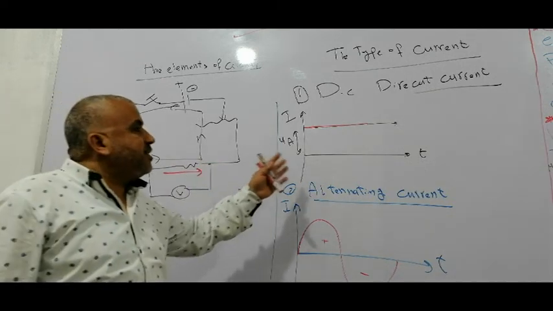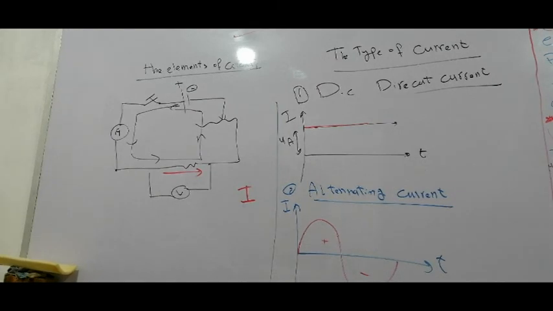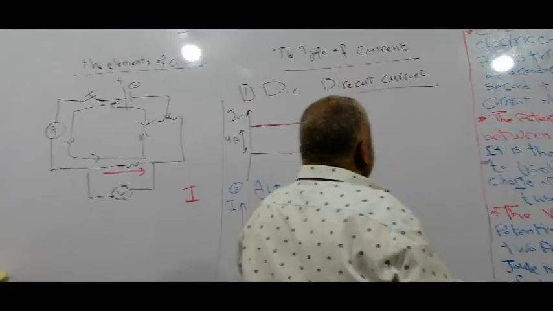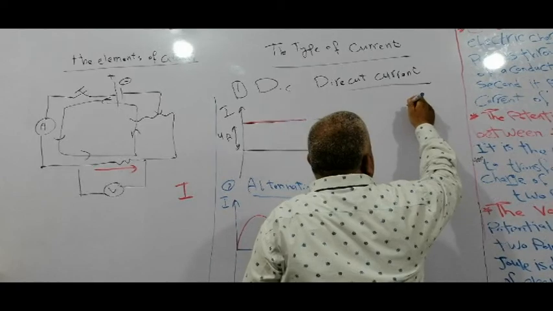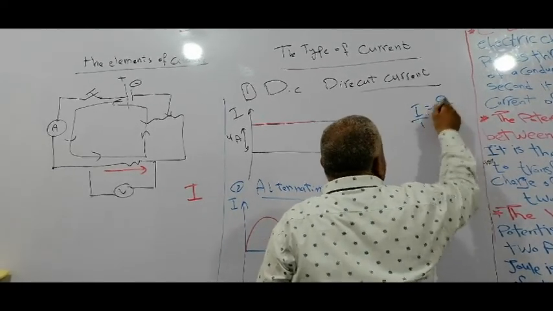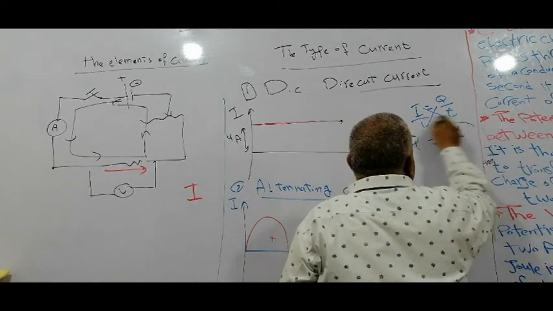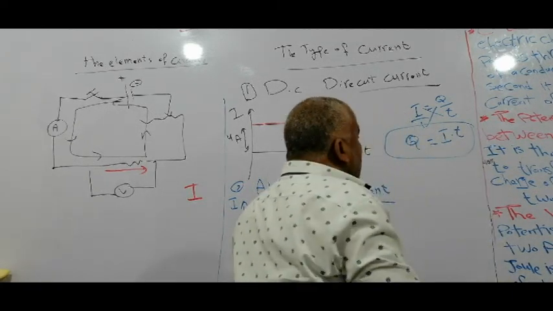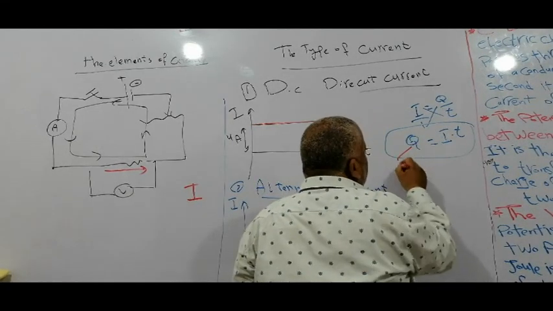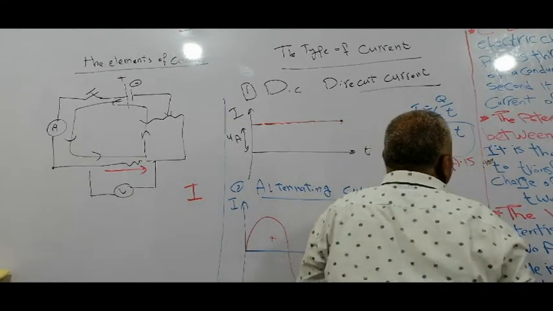This is a type of current. Definition of the coulomb: I equals Q over T, so Q equals I times T. The measuring unit of Q: 1 coulomb equals 1 ampere times 1 second.